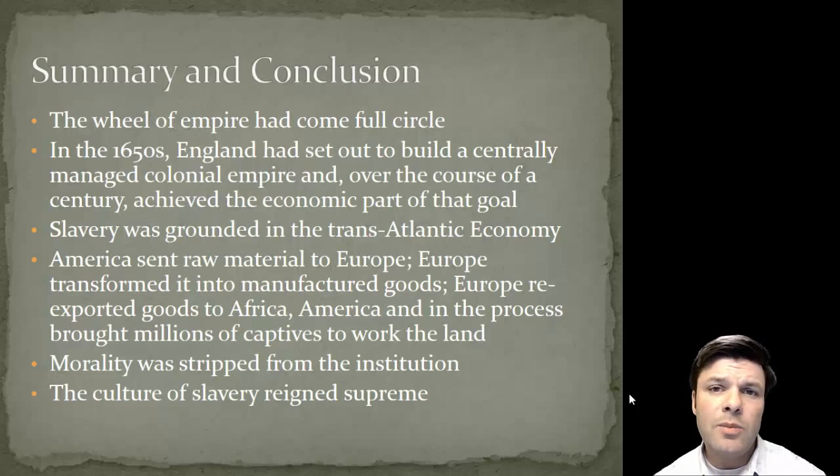I'd also like to summarize and conclude this section by re-emphasizing the idea that slavery was experienced very differently in different parts of the North American continent, and it was also experienced very differently with respect to exactly which European model you're talking about. But what the combination of imperialism and slavery is ultimately going to do is make England, France, and to a lesser extent Spain, the richest and most powerful countries anywhere in the world at the time.